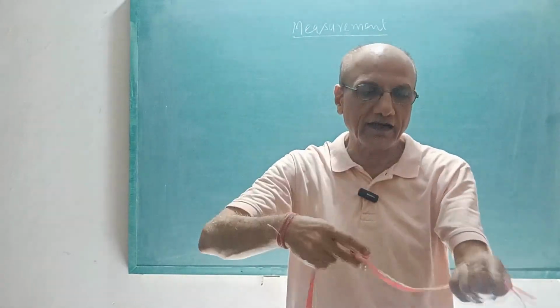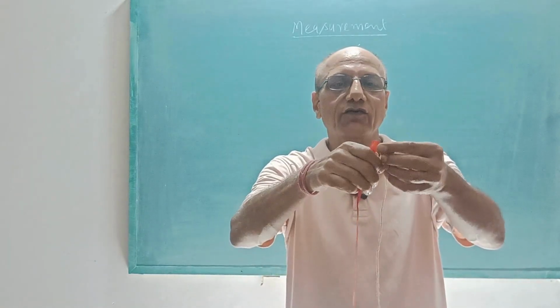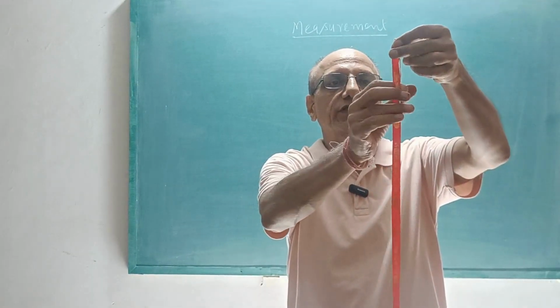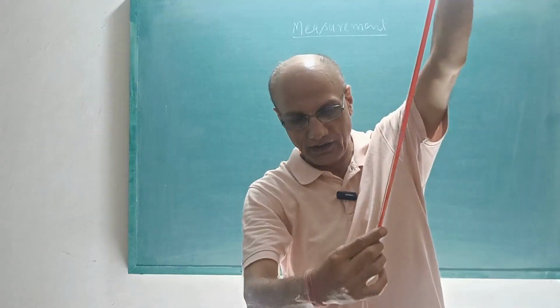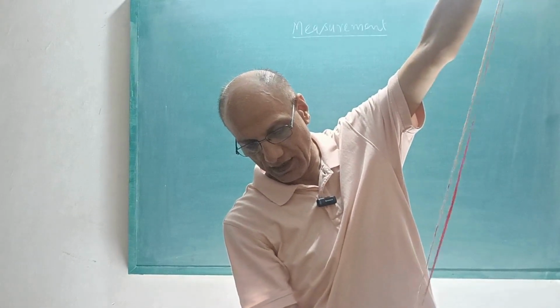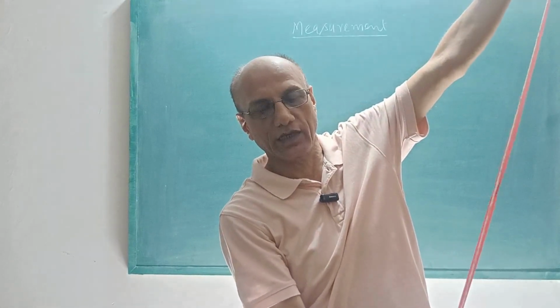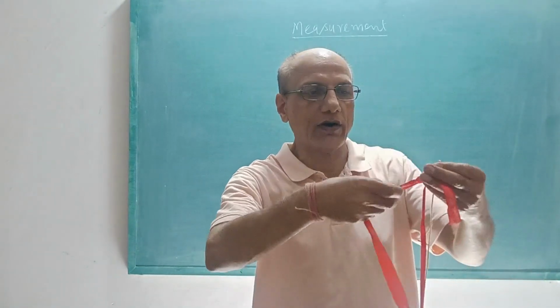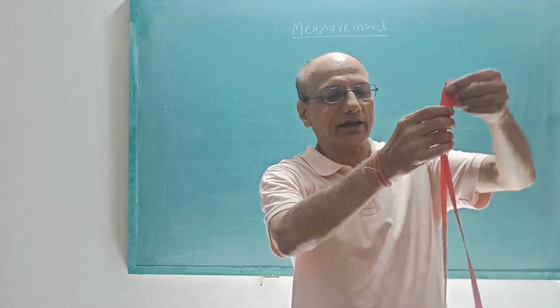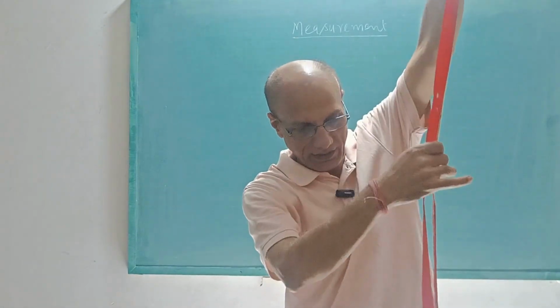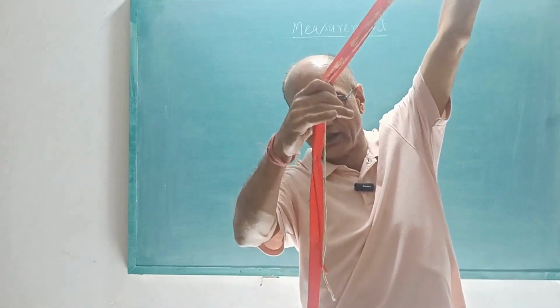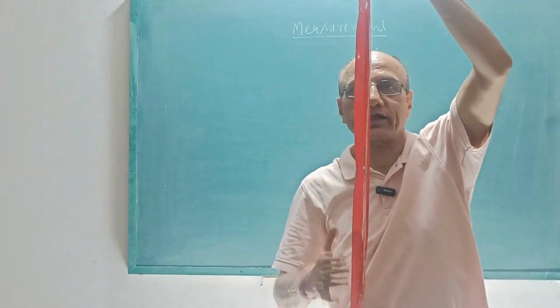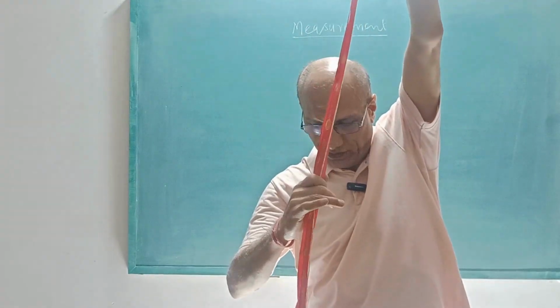But when you exactly compare, then you find the exact position, that the thread or the string is longer. And what about this one? The broad ribbon. This is the longest one.